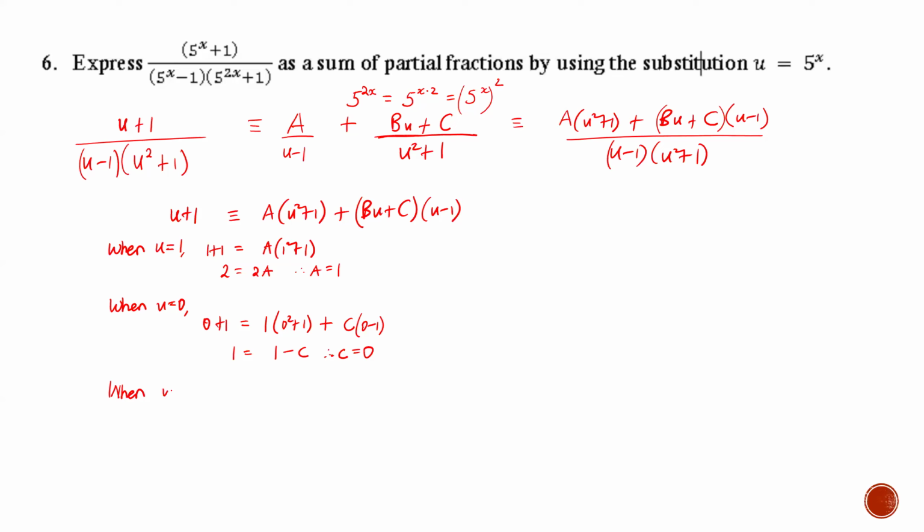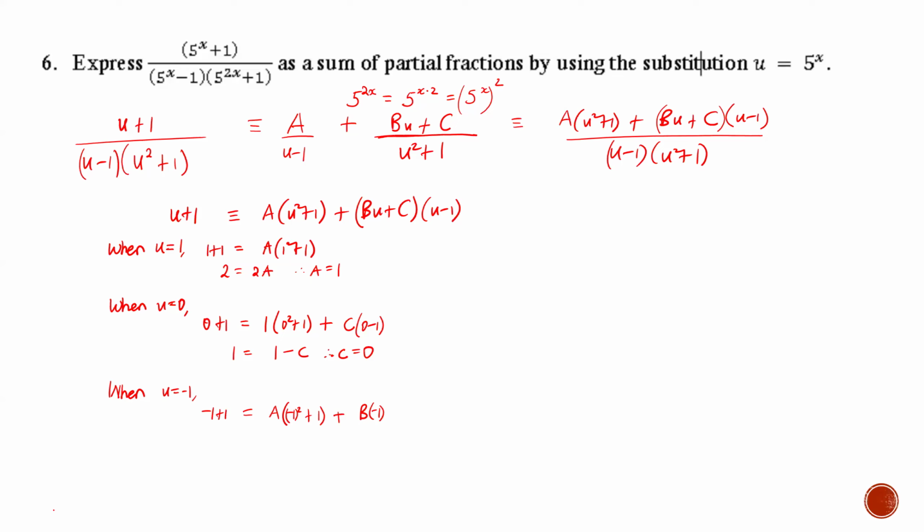Now I can decide to use anything else. I'm going to go with u being -1 because now I have a and c, so it shouldn't be hard for me to get b. I just have to substitute for any value of u really, as long as it does not eliminate b. So I'm going to have -1 plus 1 on the left, and then on the right, I'm going to have a times -1 squared plus 1 plus b times -1.